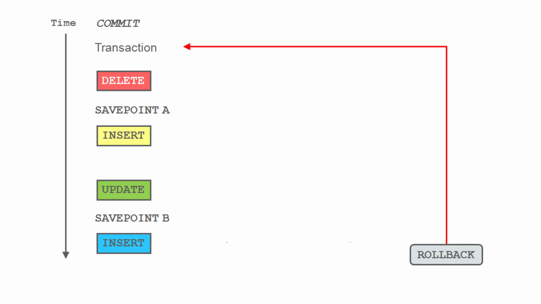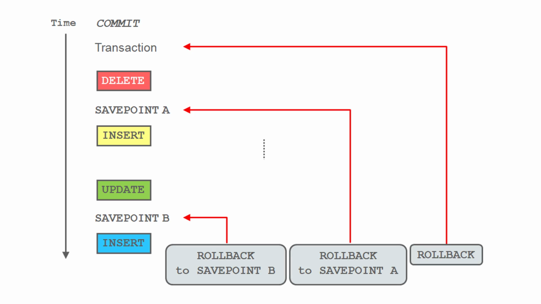ROLLBACK ends the current transaction by discarding all pending data changes. ROLLBACK TO SAVEPOINT A or B rolls back the current transaction to the specified savepoint. Because savepoints are logical and are not stored in database tables, there is no way to list the savepoints that you have created.